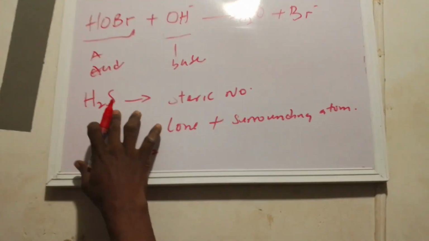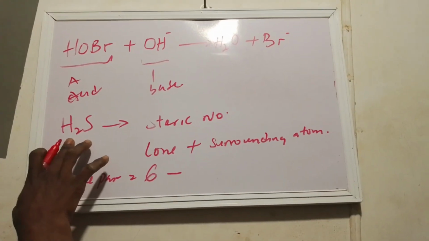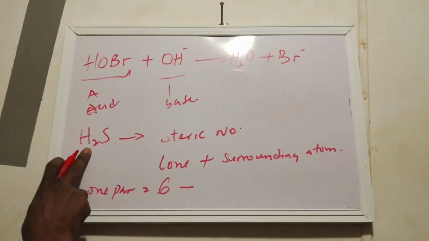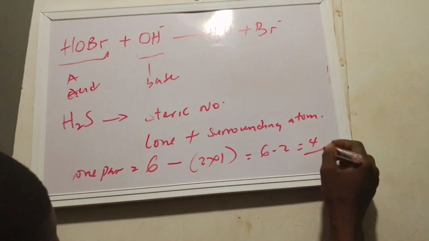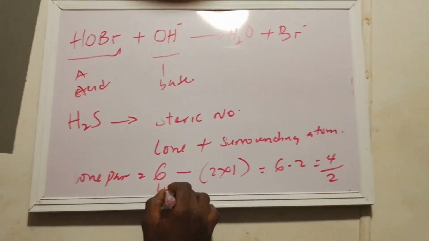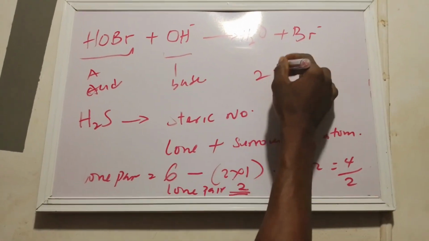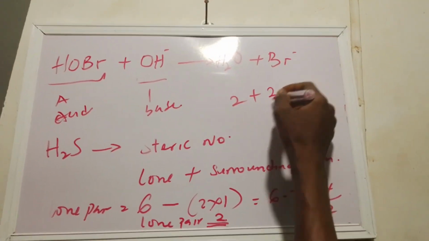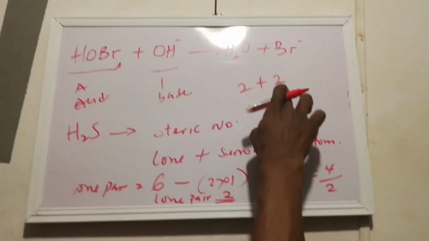So that is 4, divided by 2, because we are talking about lone pairs, and a pair means 2. Then using the steric number, you have lone pair plus number of surrounding atoms, that is bond pair. And the geometry of the molecule with that is bent.